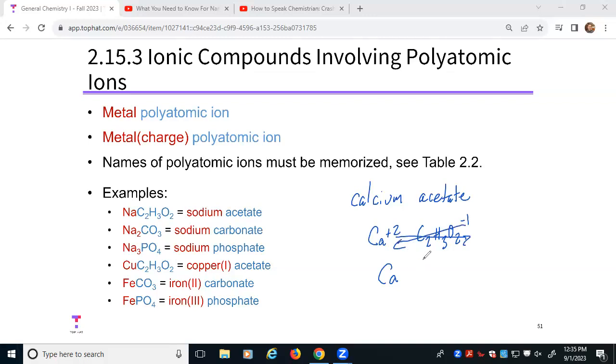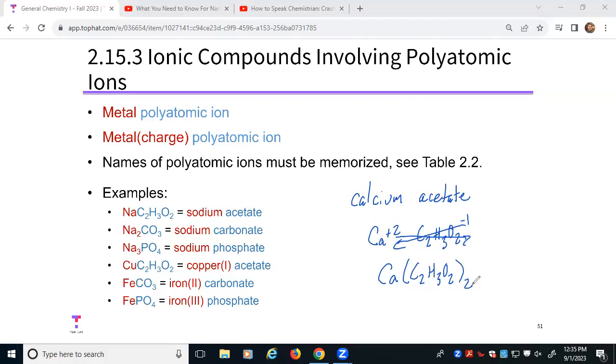Now, how do I show a subscript of 2 on an ion that already has a bunch of subscripts? Here's where I have to use parentheses. So we're going to parenthesize the acetate ion, and that 2 that we were going to use comes out to the outside.